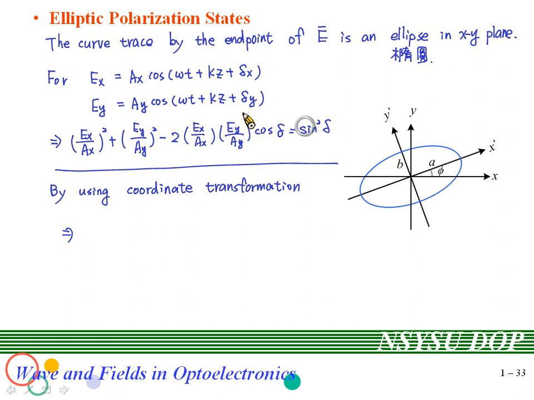The above equation will become the square of Ex prime over A sub x plus the square of Ey prime over A sub y, and the summation of these two will be equal to 1. This is the equation of an ellipse, which we are very familiar with.